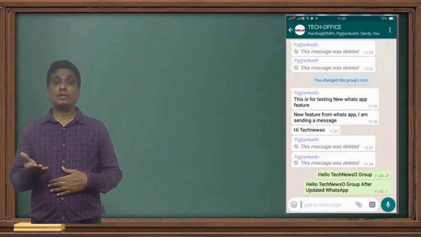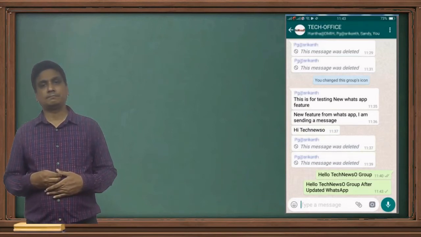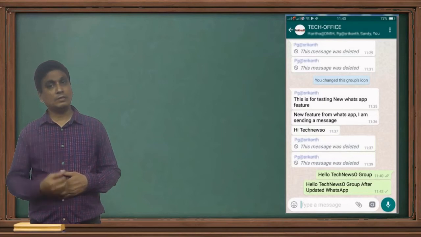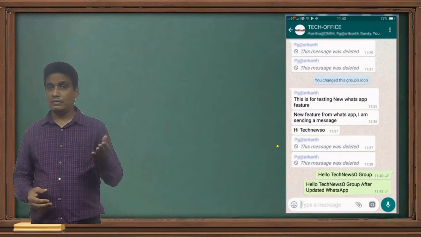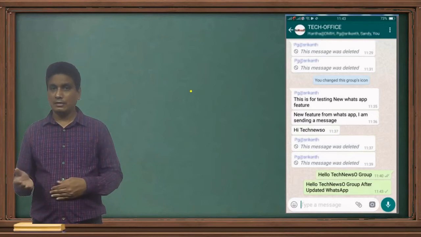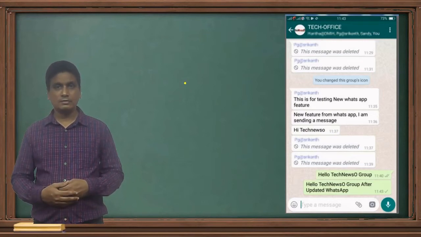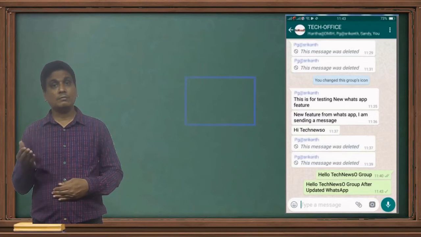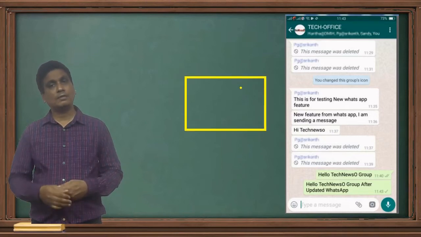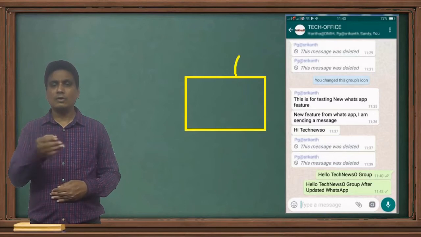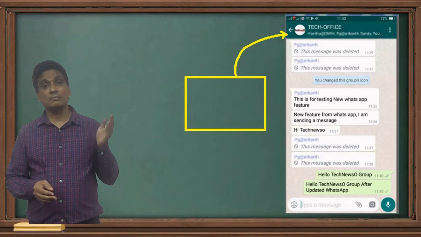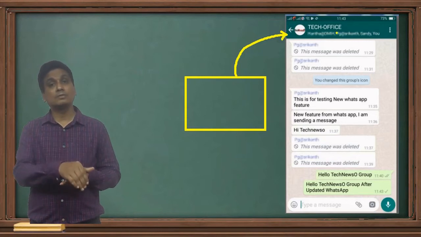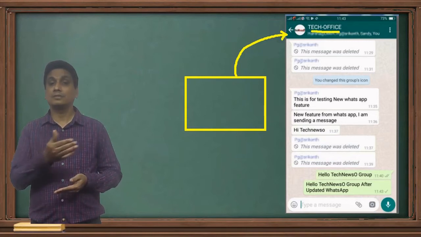Now let's look at an analogy. We are all using WhatsApp. In order for you to get a notification from any of the groups, the first thing that you need to do is either you or somebody else has to add your phone number into the group which is available here.